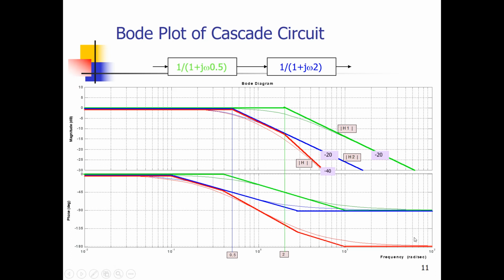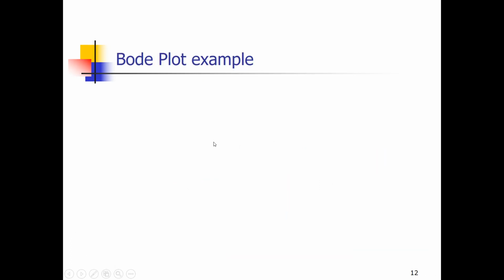So the total combination ends up at 2 times minus 90 degrees, which is minus 180 degrees. So quite easy by drawing the Bode plots for both the amplitude and the phase for the separate systems, and then add up the amplitude plot and the phase plot.